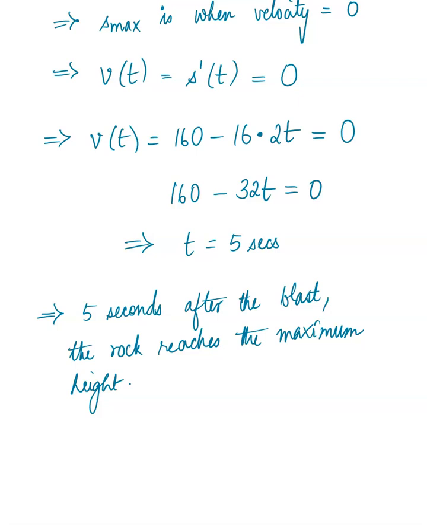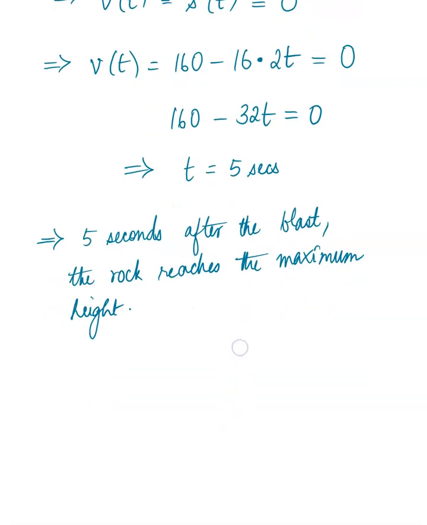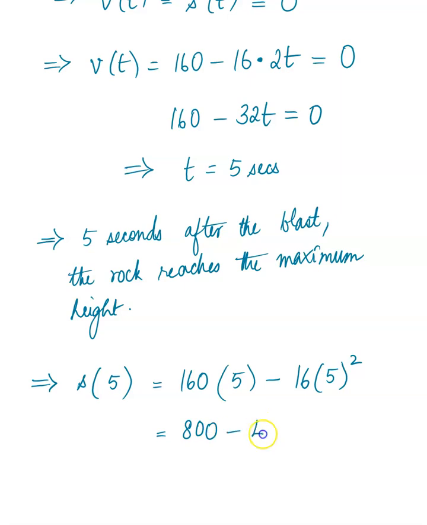Even now we haven't really found S max, we only found the time when it reaches that maximum height. So this implies that I have to find the height when t is 5. So in my given equation, wherever t occurs, I have to plug in 5. And so compute that. That gives you 800 minus 400, which is 400 feet.